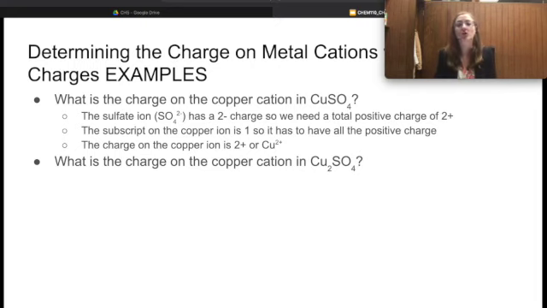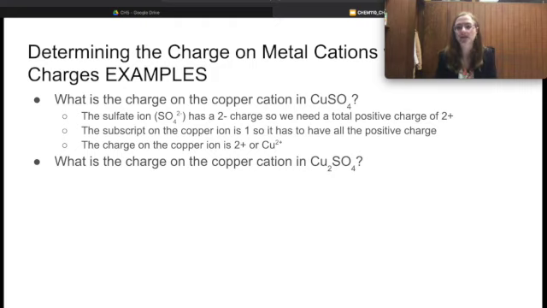So the charge on one individual copper ion in CuSO4 is Cu2 plus. That's how you determine the charge on the cation.